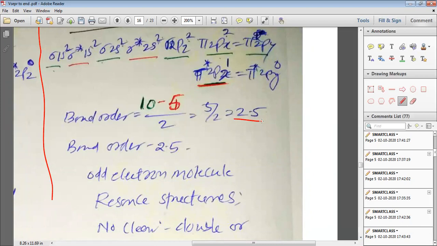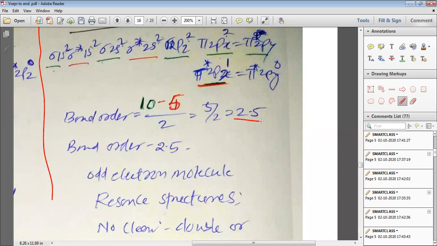When bond order is a fraction, we can easily say that the structure of this compound cannot be explained by a single structure, so it will definitely be explained with a few resonance structures, and we have already studied the resonance structures of NO. That is why the exact structure of this molecule can be represented by the hybrid structure, and we know that a hybrid structure generally has a fractional bond.